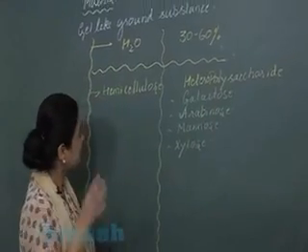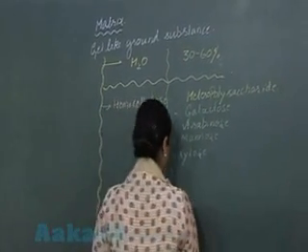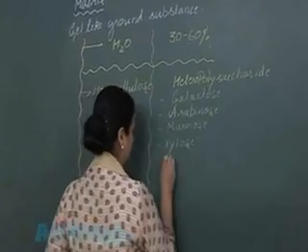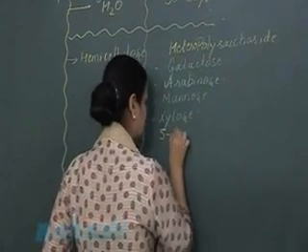And the percentage of the hemicellulose which is associated with the cell wall, that is 5 to 15%.